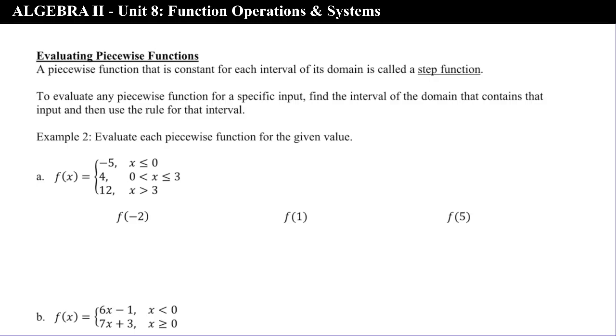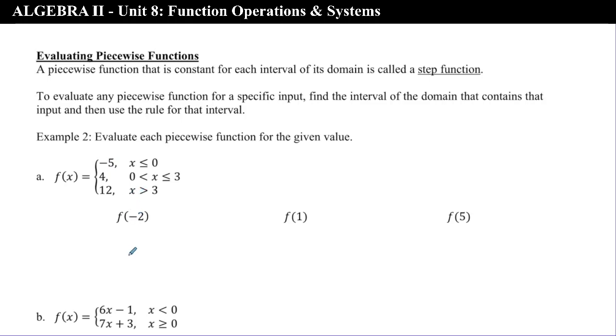Also, this is a good opportunity here to describe what a step function is. A piecewise function that is constant for each interval of its domain is called a step function because the graph looks like steps. You've got horizontal lines all over the place, so it's like taking steps up and down. And that's what A is here.